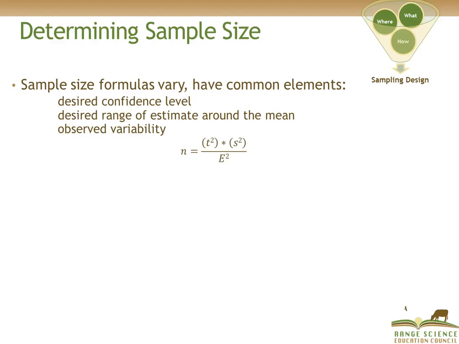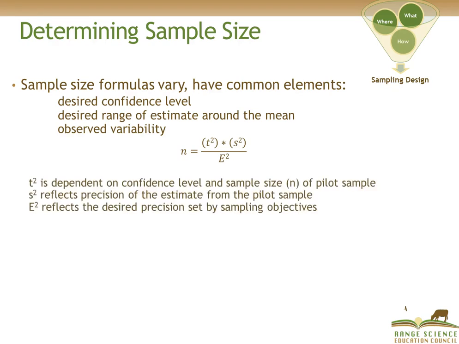There's a variety of different sample size formulas that are available, but they all have common elements. They all include a component that reflects the desired confidence level, the desired range of the estimate around the mean, and the observed variability.